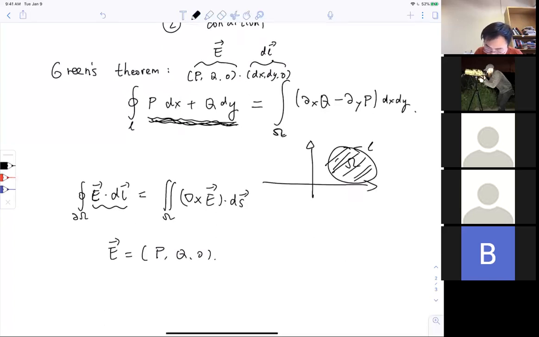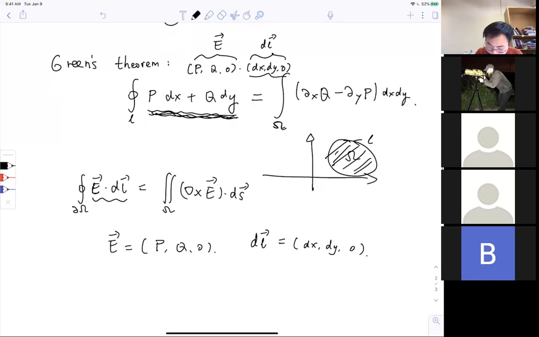Like what I wrote down here, dl is (dx, dy, 0), because it's 2 dimensions, so the third component is 0. And what is ds?